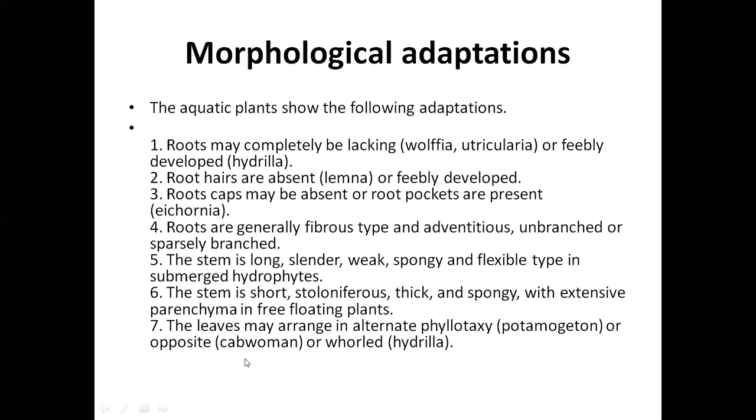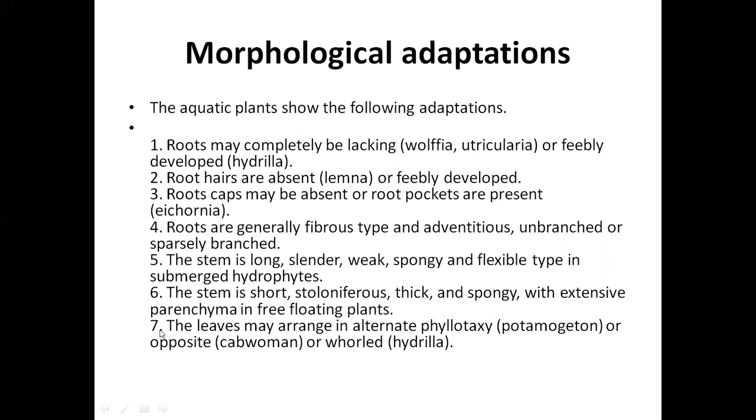And the stem is short, stoloniferous, thick, and spongy with extensive parenchyma in free floating plants. So in free floating plants, the stem is very short and stoloniferous, and they have vegetative propagation through the stolons, and they have the spongy structures which allow them to float freely on the surface of the water.